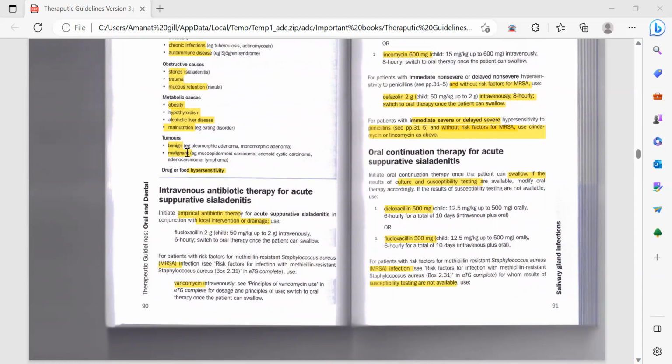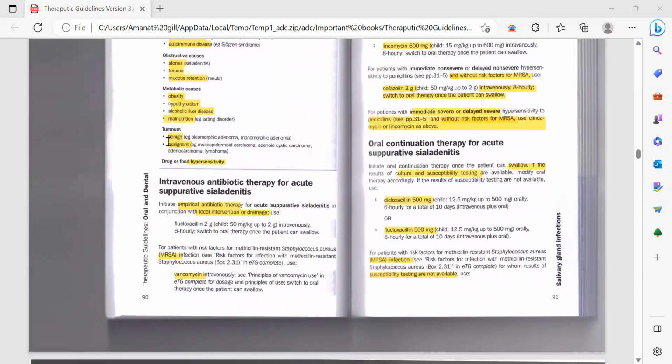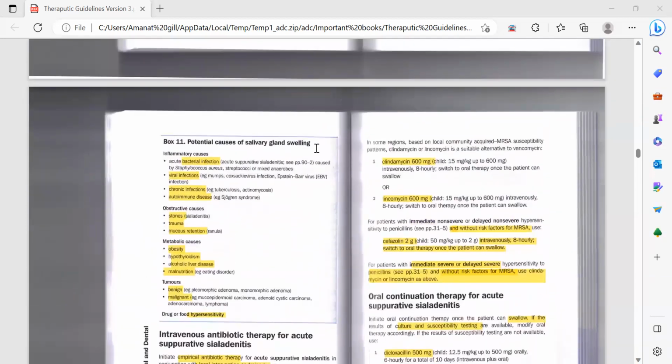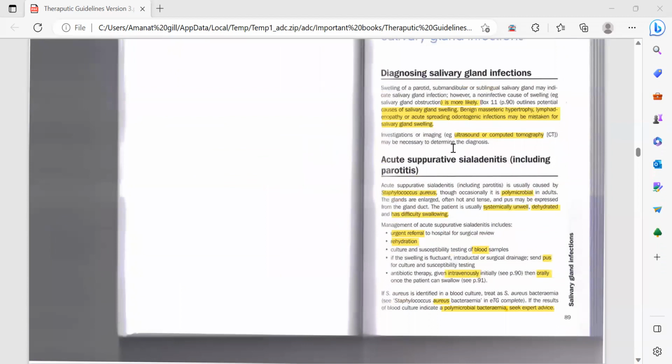More common are the benign, which is the pleomorphic adenoma or the monomorphic adenoma. Then there are certain malignant tumors such as mucoepidermoid carcinoma, adenoid cystic carcinoma, adenocarcinoma, or lymphoma. And there are certain types of drug or food hypersensitivity which can also lead to salivary gland swelling.